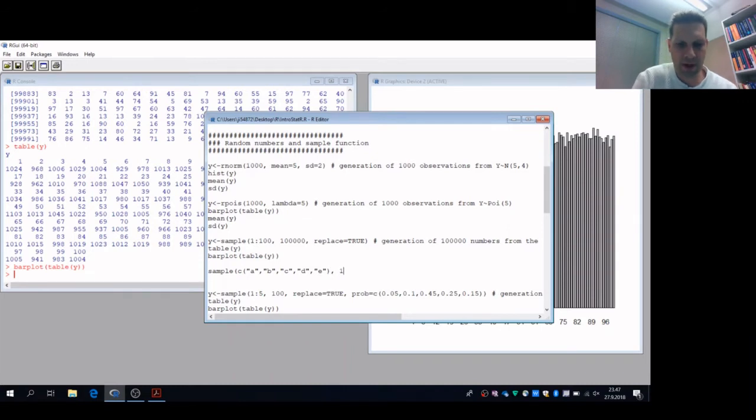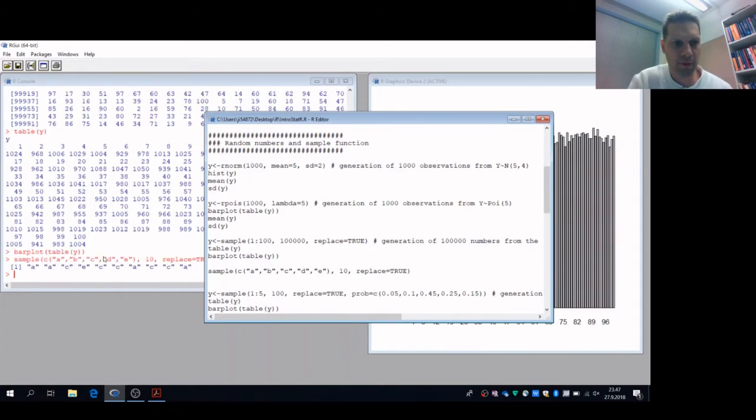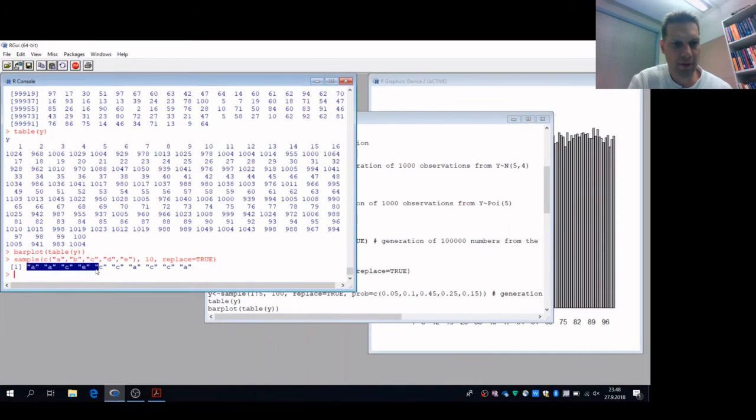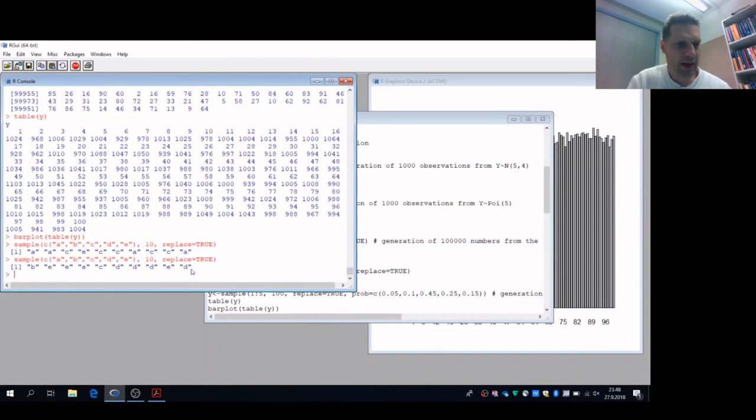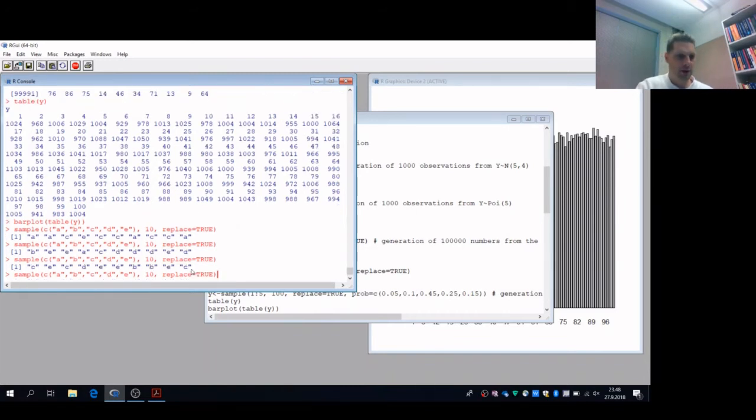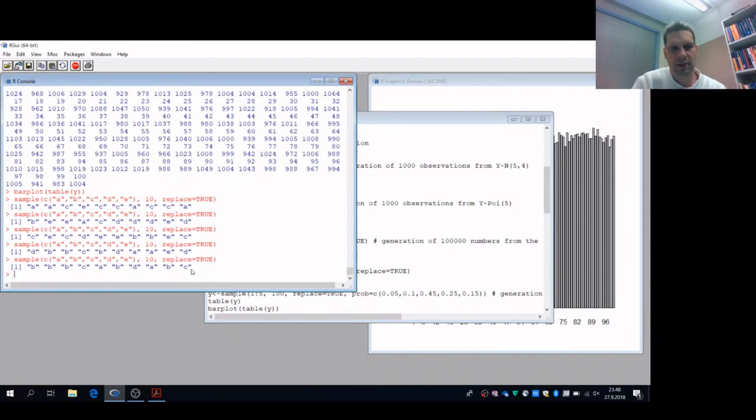Then if we say we should generate the values from this list 10 times with replace true, and I run this code, we get this sort of outcome vector. If I run it again, I get a different one, and so on. So this is how the sample function works.